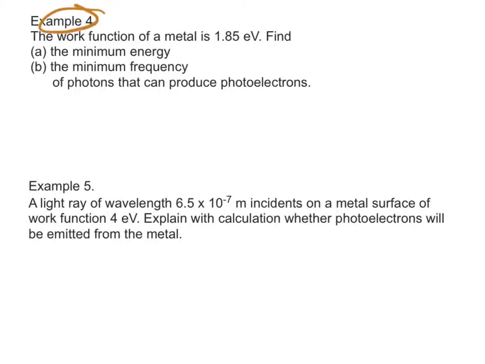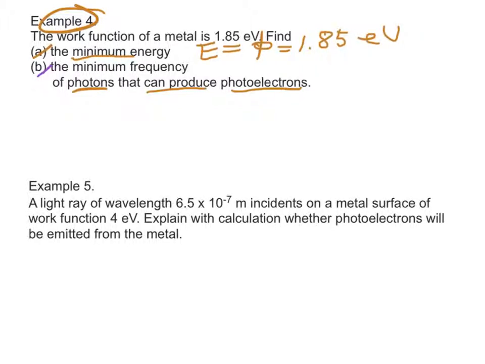Example 4, Part A. The minimum energy of photons that can produce photoelectrons is E equal to phi equal to 1.85 eV.